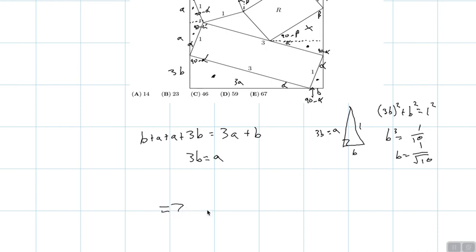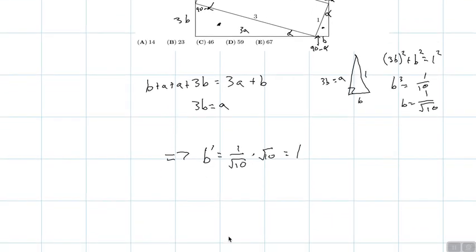What I mean by that is if we call b prime equal to b times root 10, which is 1, that means that a prime would be equal to 3, which means that the side lengths of the scaled up square are going to be 10 by 10.